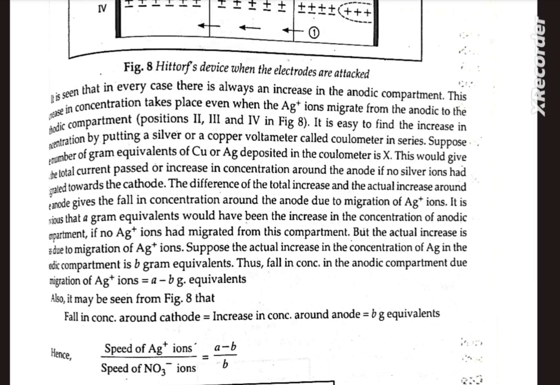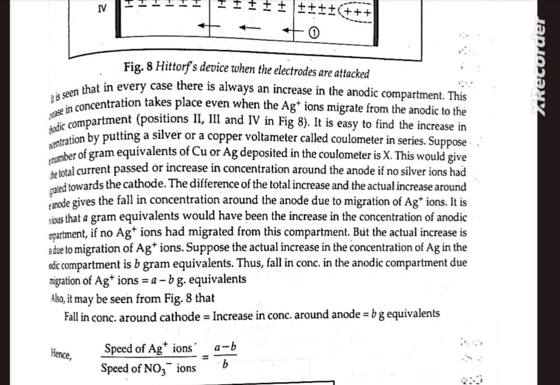It is obvious that A gram equivalent would have been the increase in the concentration of the anodic compartment if no Ag positive ion had migrated from this compartment, but the actual increase is lower due to the migration of Ag positive ions. Suppose the actual increase in the concentration of Ag in the anodic compartment is B gram equivalent.